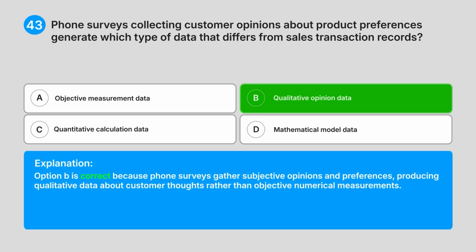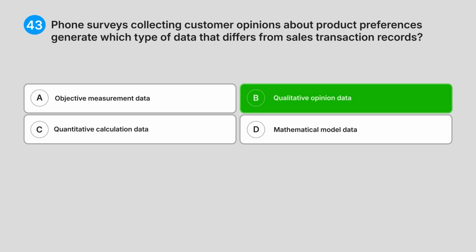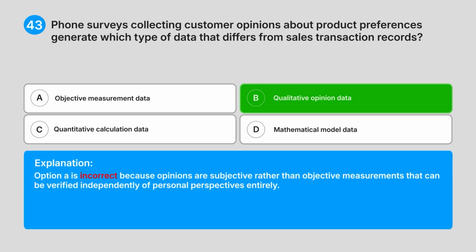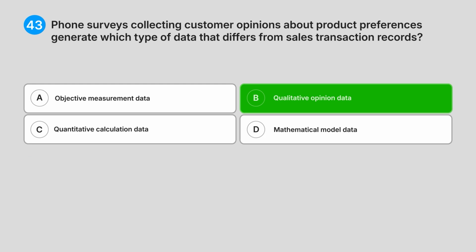Explanation. Option B is correct because phone surveys gather subjective opinions and preferences, producing qualitative data about customer thoughts rather than objective numerical measurements. Option A is incorrect because opinions are subjective rather than objective measurements that can be verified independently of personal perspectives entirely.